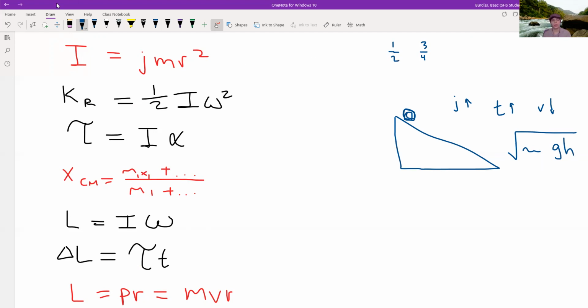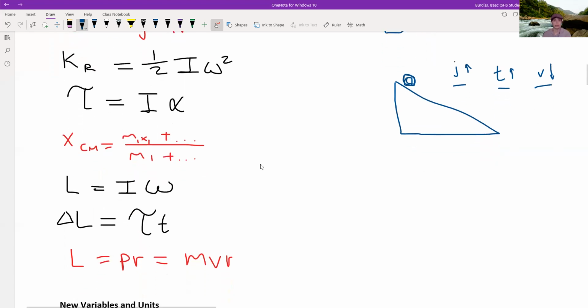Anyways, that's what that J means. That's good to remember because the fraction will end up flipping over, and if you have a smaller velocity, you have a greater time. So if an object had 3/4, it would have less velocity than if it had 1/2.